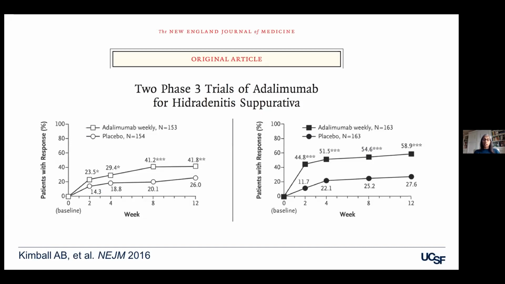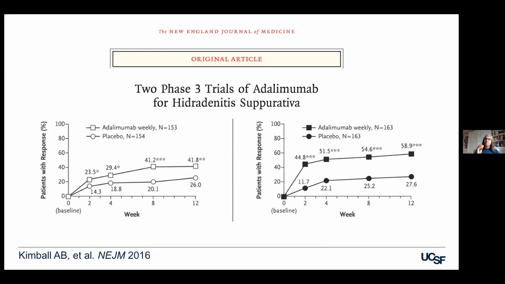Around 50% of patients demonstrated a response to weekly dosing with adalimumab, at the 40 milligram dose. But the response was defined by a novel measurement tool called the HiSCR, which is defined by a 50% reduction in the abscess and nodule count with no increase in draining tunnels.